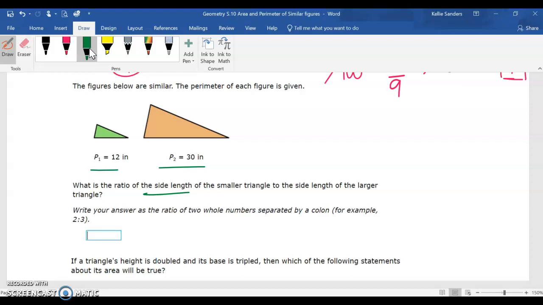So all we do is 12 over 30, but I'm going to keep it in this manner because that's what they want us to write the answer in. And you just reduce, and 6 will go into those 2 and 5 times, so it'd be 2 to 5.